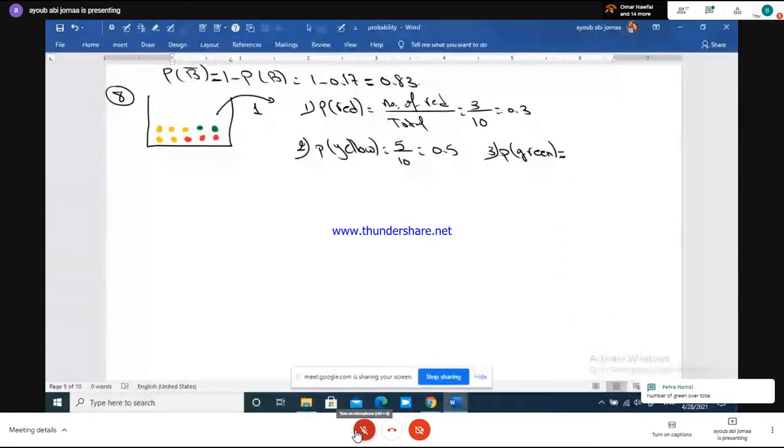Number of green over total. So what will be the answer? Thank you. So it's the number of green marbles, 2 over 10, which is 0.2.